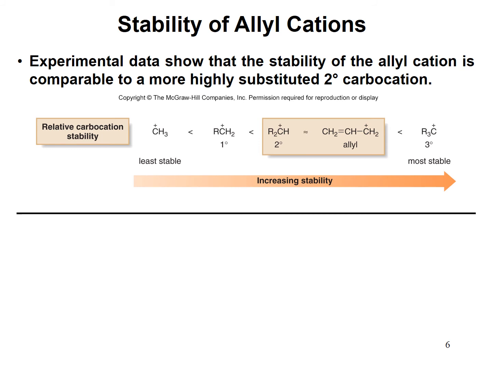The allylic carbocation is about the same stability as a secondary carbocation. It looks like a primary carbocation, but that double bond to the left of the carbocation, as pictured, allows it to be the same stability as a secondary carbocation.